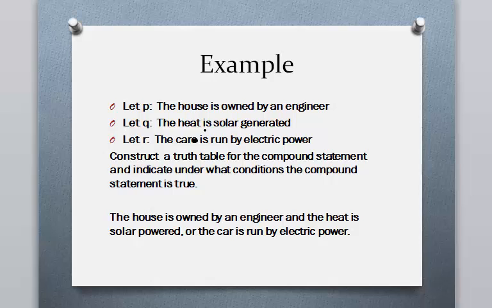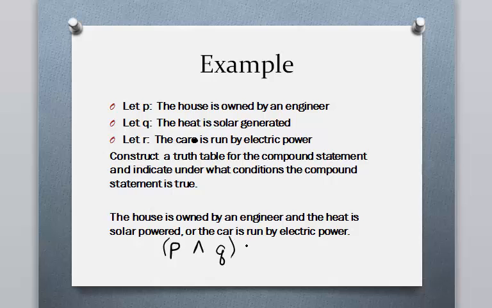And our statement says the house is owned by an engineer. So we know that that's event P. And, I'll use my symbol for and, the heat is solar powered. So that's going to be Q. And then I come to my comma. So the comma separates the part in parentheses from the part that is not in parentheses. So we now have the house is owned by an engineer and the heat is solar powered.